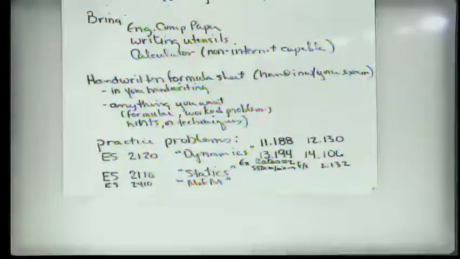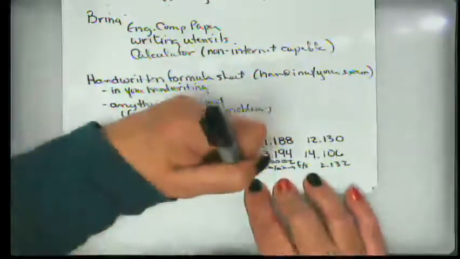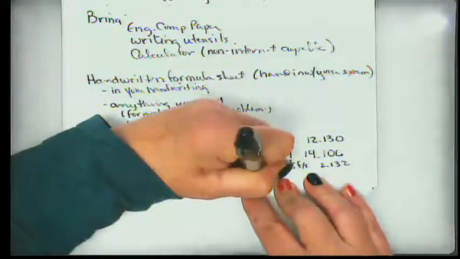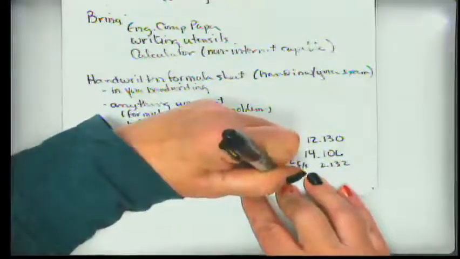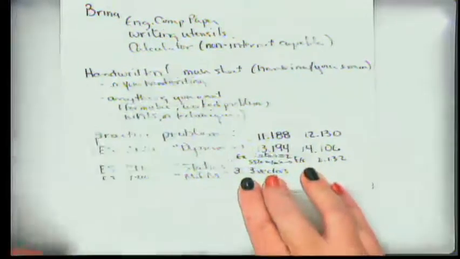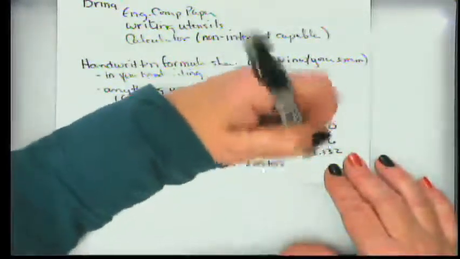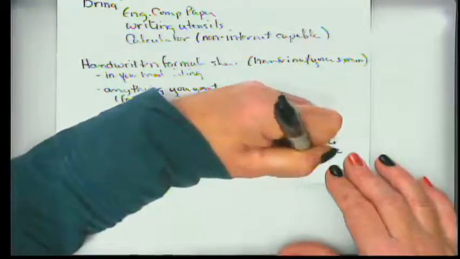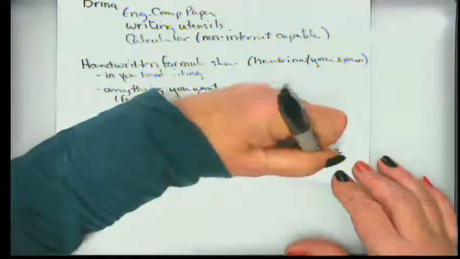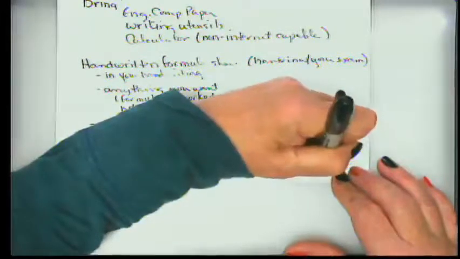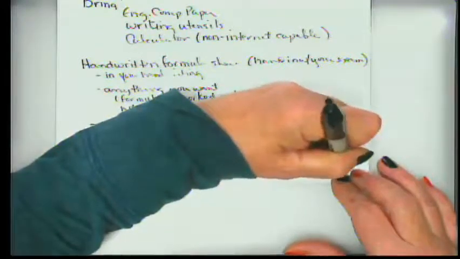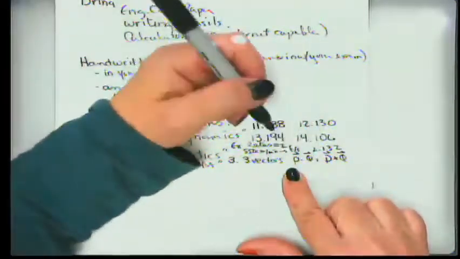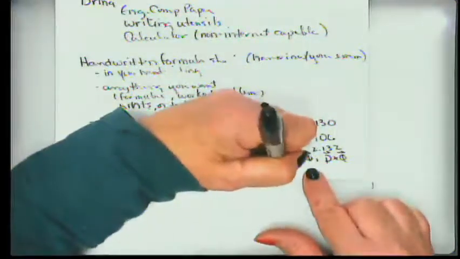I think what I'm going to do for chapter 3 is give you 3 vectors and ask you for maybe a dot product and a cross product and maybe a mixed triple.